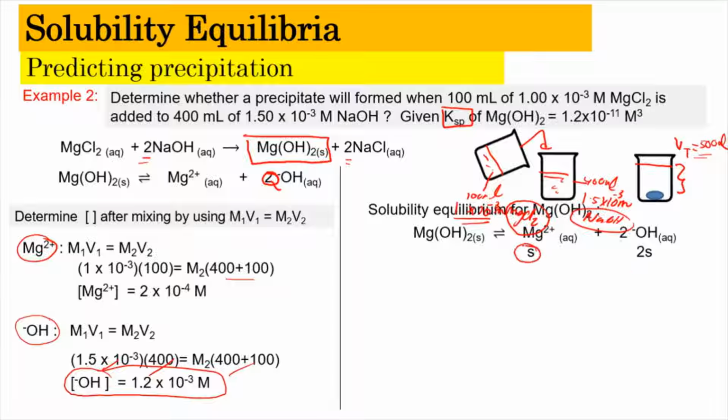And S here refers to 2 times 10 to the power of negative 4 molar. Okay, and the 2S here is equal to this 1.2 times 10 to the power of negative 3. So we can take it straight away from the calculation that we have made. You don't have to multiply it with 2 here.